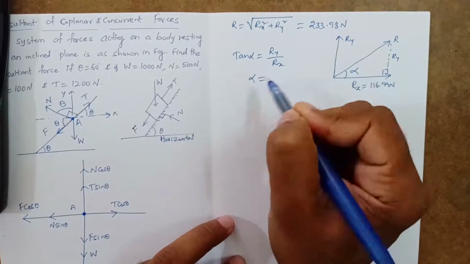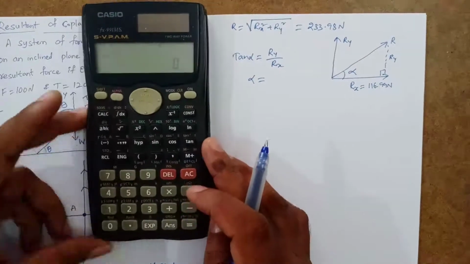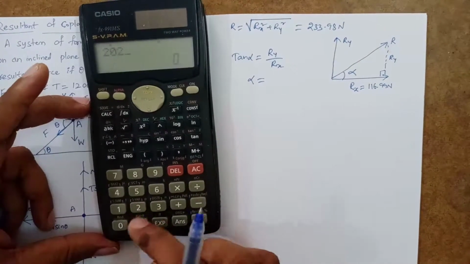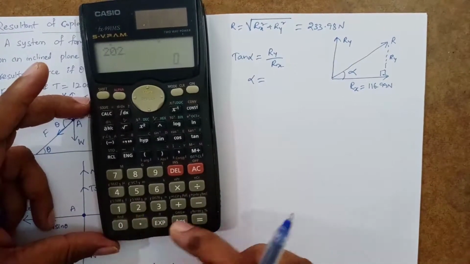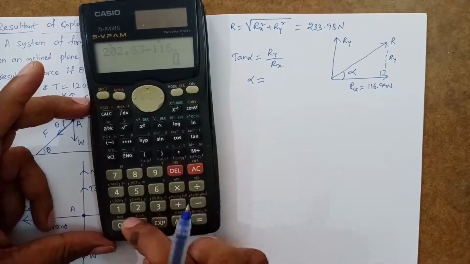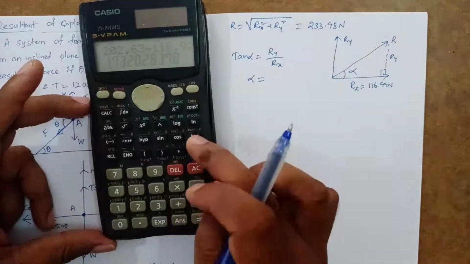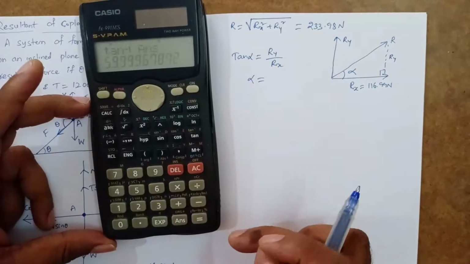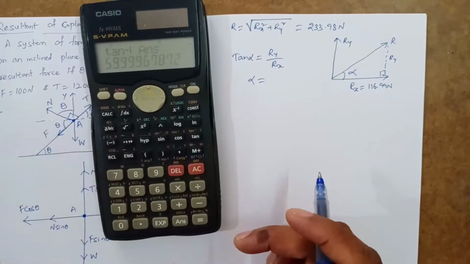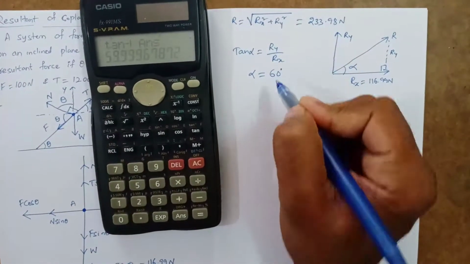From this, alpha is equal to tan inverse of Ry by Rx, which is 202.63 divided by 116.99, shift tan inverse answer. So we got this value equal to 59.999, which is equal to 60 degree.